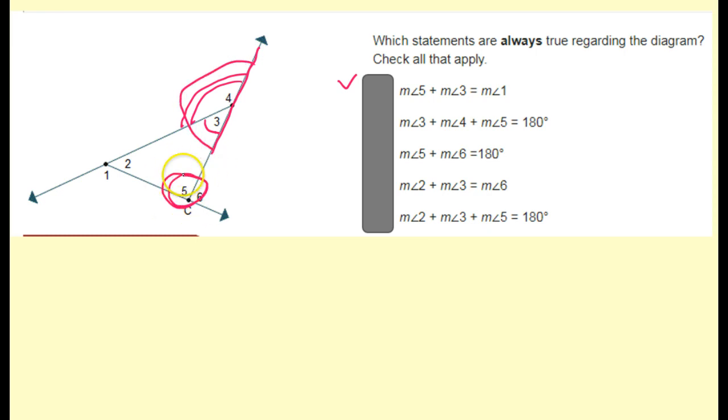If we add angle 5, that's going to be more than 180. So this is never true. Okay, angle 5 plus angle 6 equals 180. Alright, so there's angle 5, here's angle 6. See how they make a straight line when you put them together? Together they make 180 degrees. So that's always true.